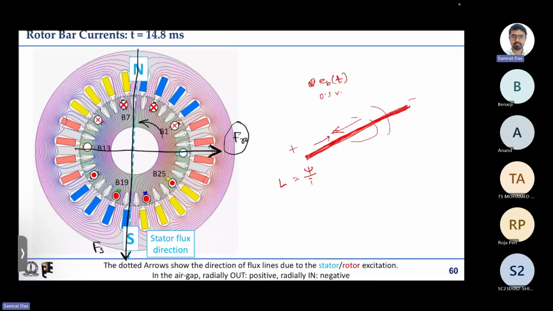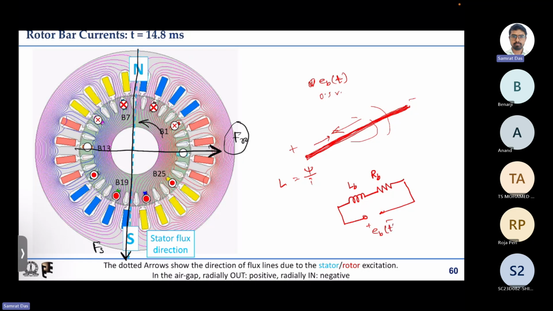So I have discussed that any bar can be represented electrically by a series combination of L and R, where R is the bar resistance RB and L is the leakage inductance of the bar. If we know the voltage across it, that is EB at different times, we know the waveform also.